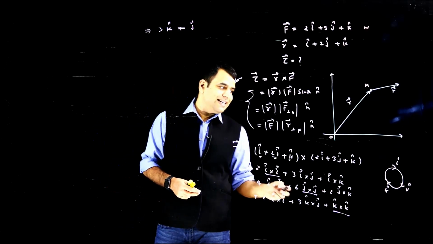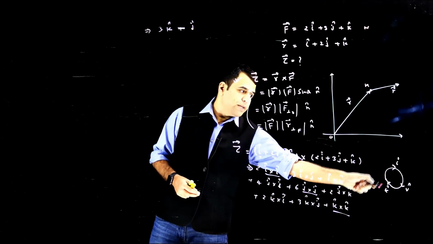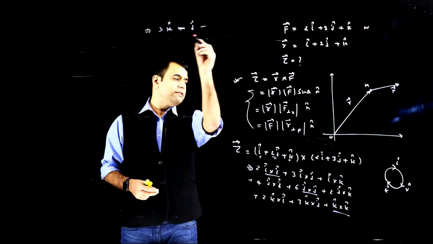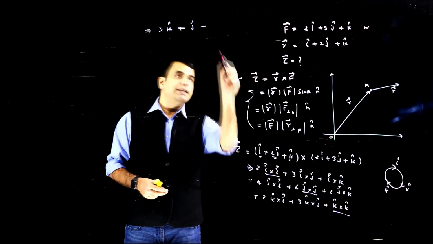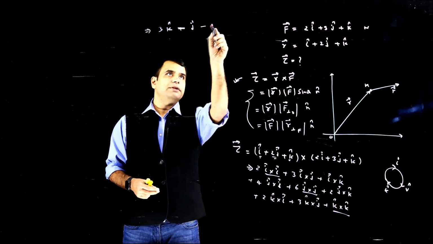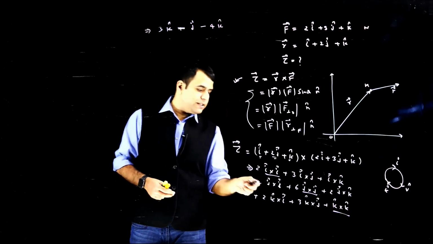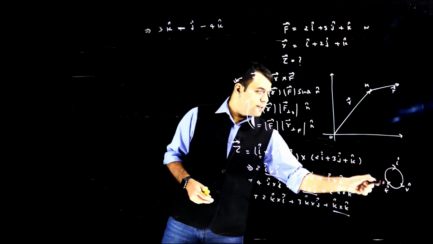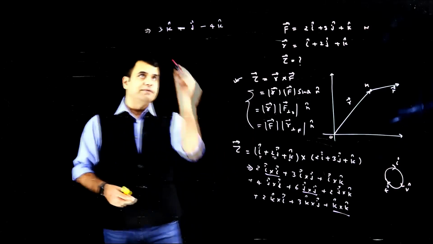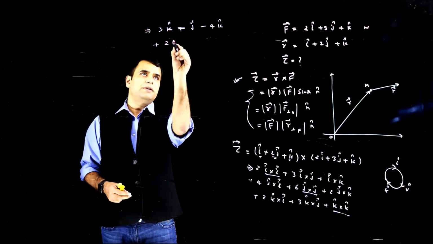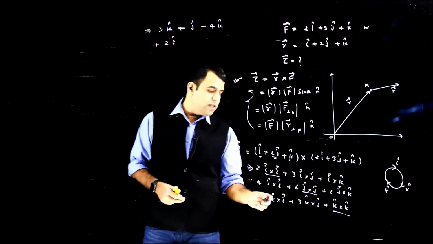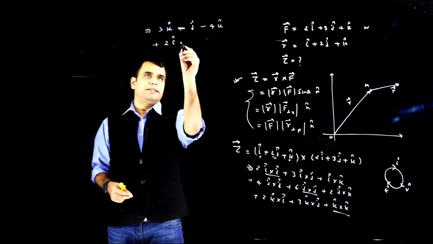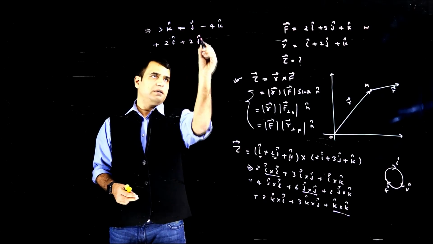Now j cross I will give you k, but since you are following opposite to the arrow, it will be minus. So j cross I is minus 4 times k, because the 4 is there. This becomes 0. And j cross k is I, and it will be positive, so positive 2 times I. Now k cross I gives j, in the same direction, so 2 times j.